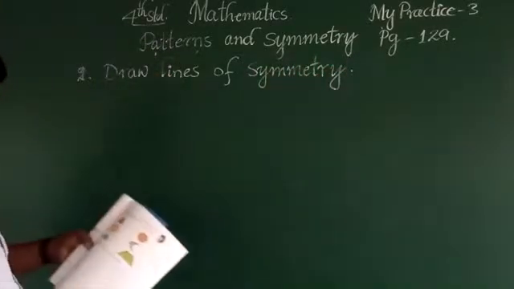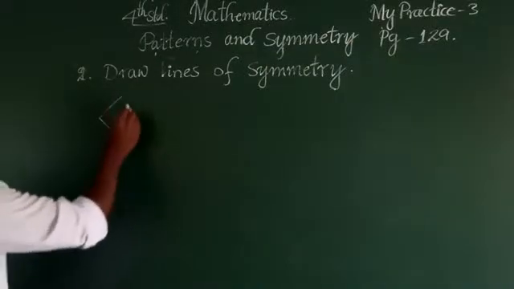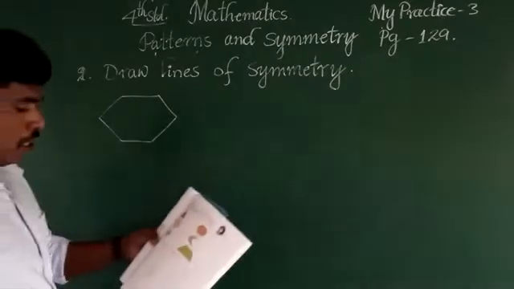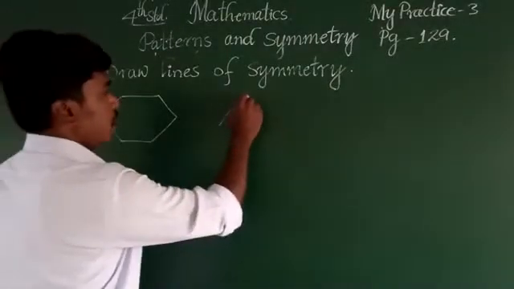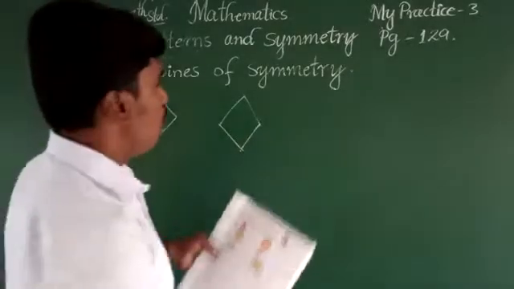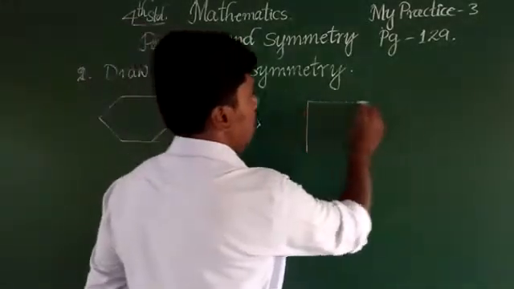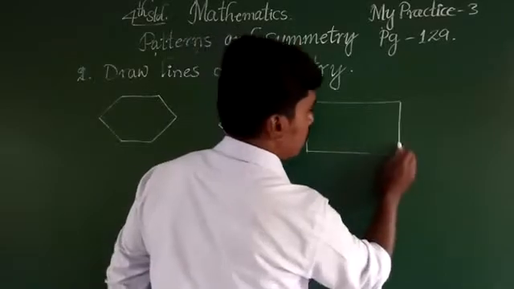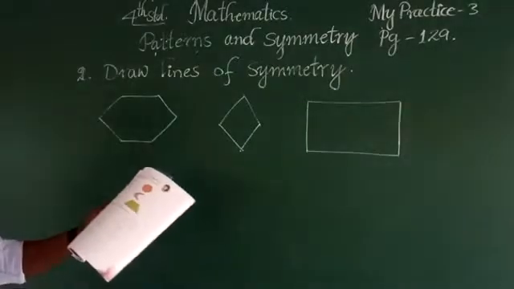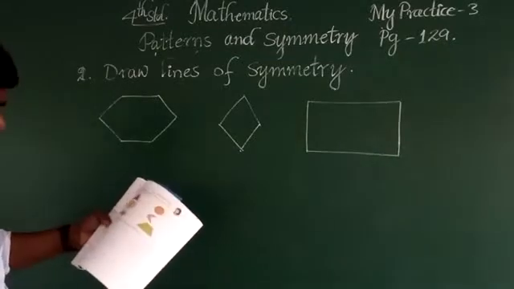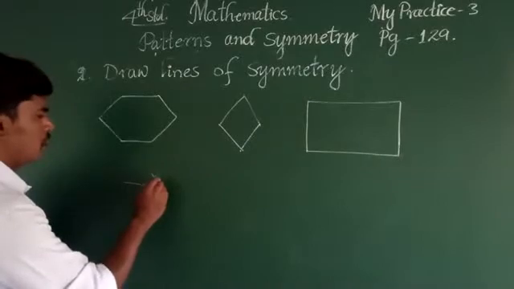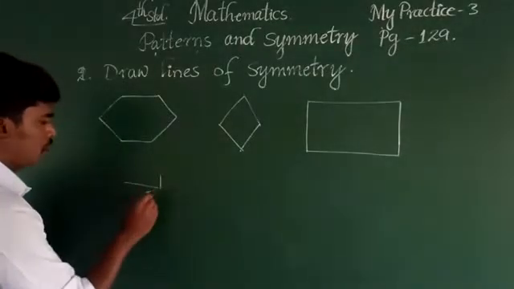So here the shape is like this. The second one is just like a kite. And the third one, a rectangle. Next, here is one arrow mark.